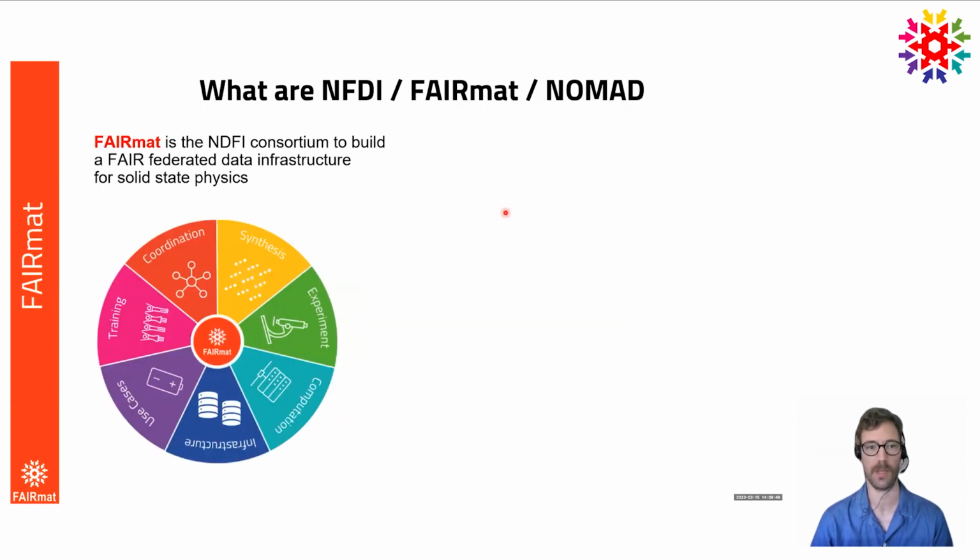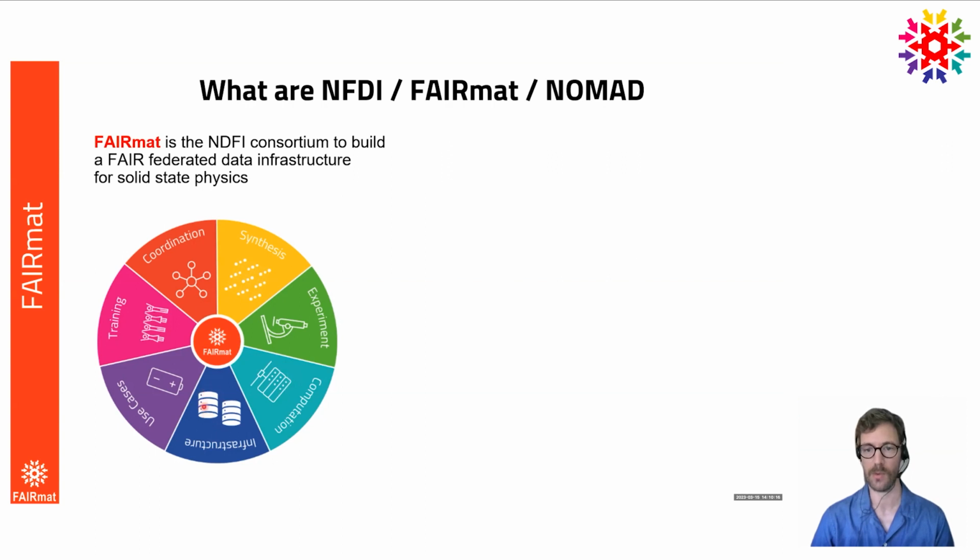Okay, so a little bit more about FAIRmat. So FAIRmat, as I said, is an NFDI consortium, and it consists of different areas to cover all aspects of material science. That means we have area A for synthesis data, area B for experimental data for measurements. Then we have area C dealing with theory or computational data, and area D who develops the infrastructure.